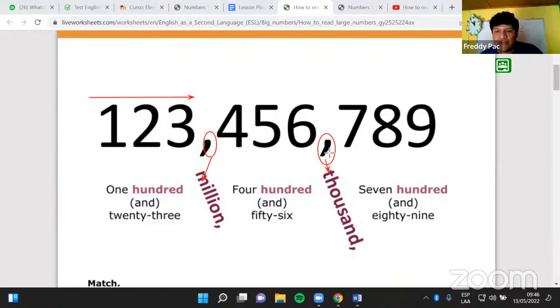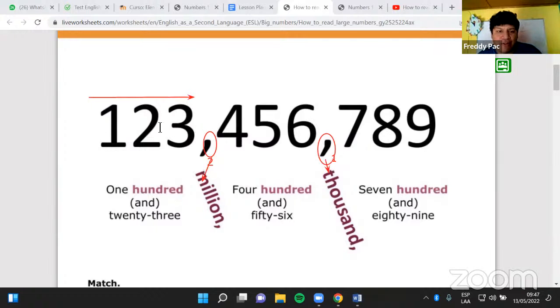Yes, that is the secret, guys. To the first comma, we call it thousand. And to the second comma, we call it million. So I will put one number here. This is the first comma, and this is the second comma. It is not complicated.